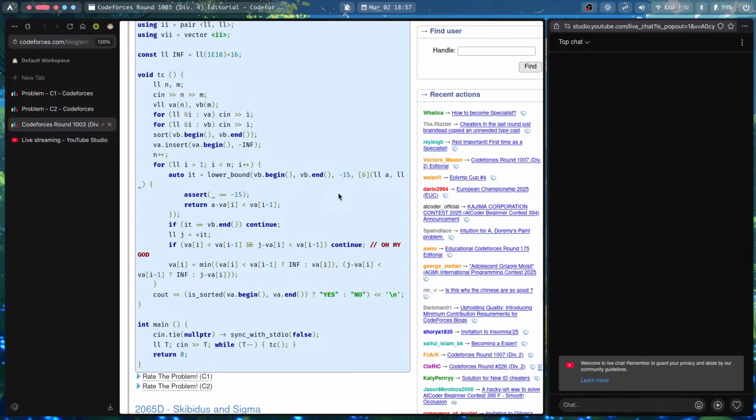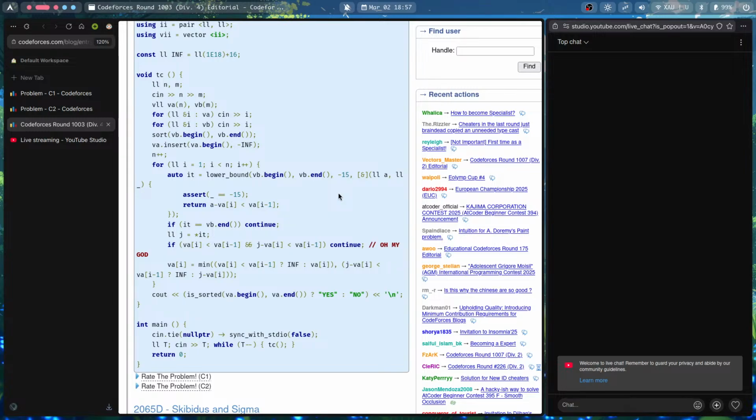We have a and b, right? A minus, okay. So this is a vector of A. We subtract the value of vector a_i from the A value. And what is A here? Okay, A is simply here.